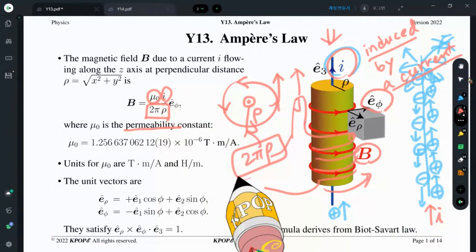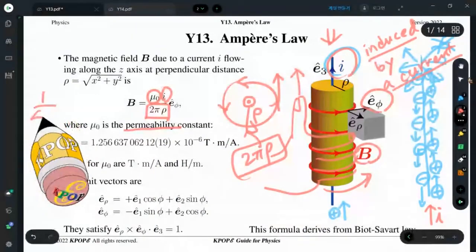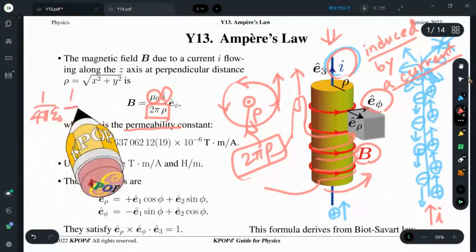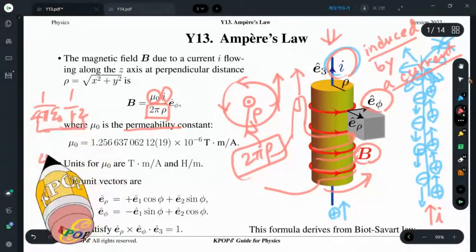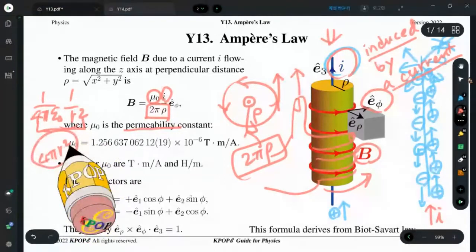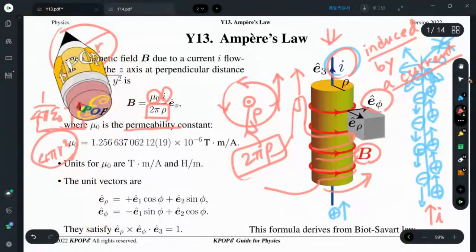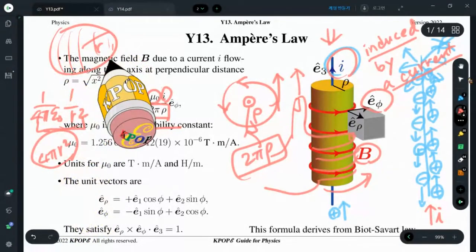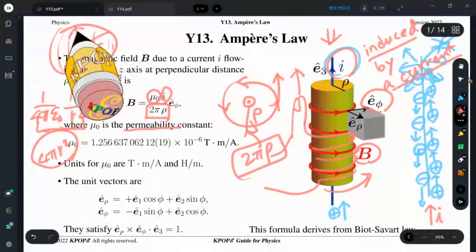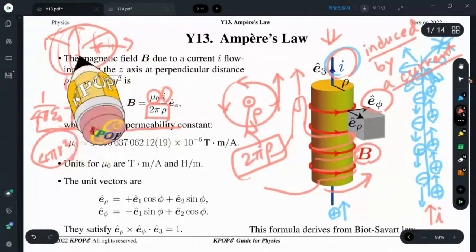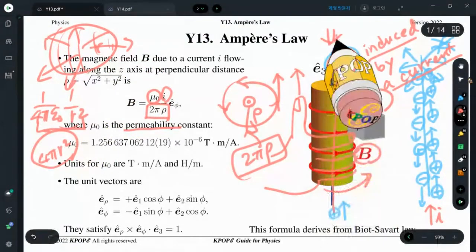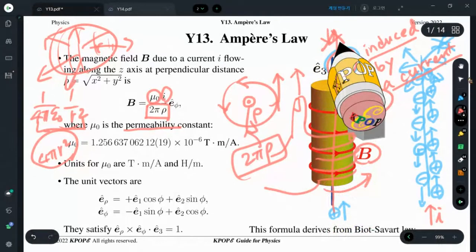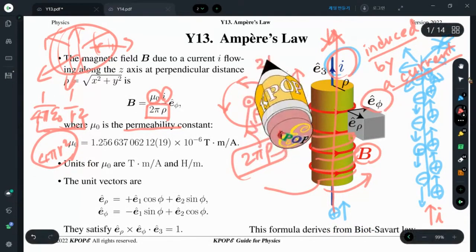In the case of the electric field, it decays as 1 over 4 pi epsilon 0 r squared. 4 pi r squared is the surface area of a sphere of radius r, because it is radiated in 3 dimensions. In this case, current is flowing along a single direction, so the problem reduces to a 2-dimensional problem.